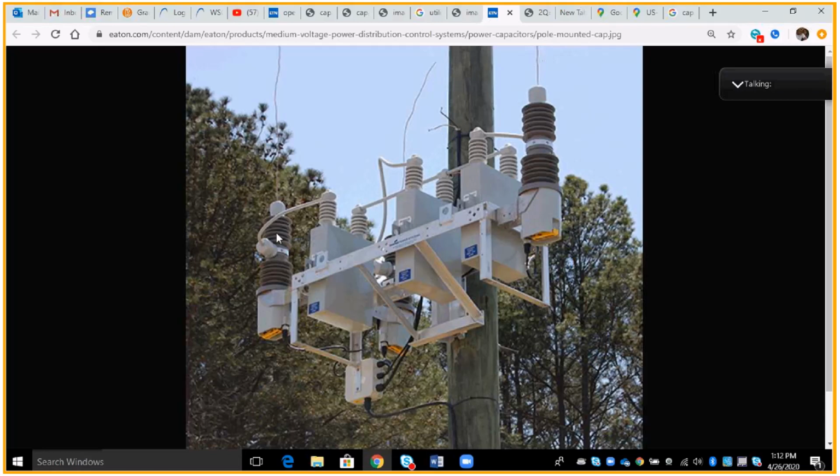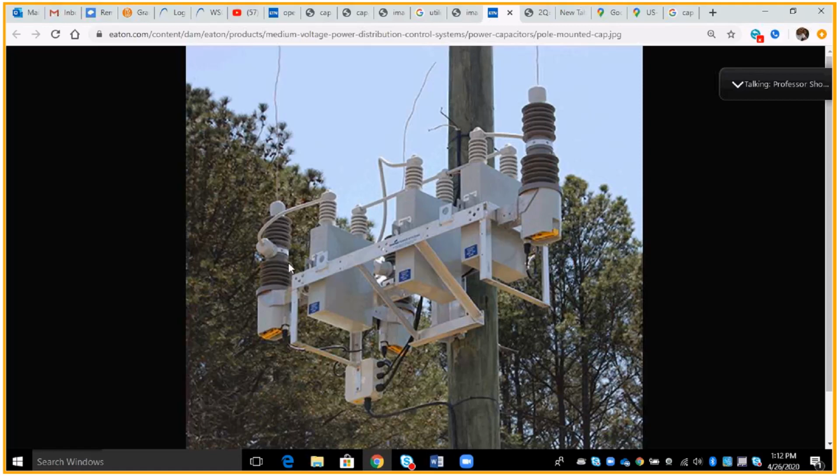And these are vacuum bottles. And when I say vacuum, that's exactly what I mean. There's nothing inside of them. And if I need to make or break load to the bank, it's done inside this bottle right here, and no arc occurs. So I have to have one per unit or one per phase going into the bank.